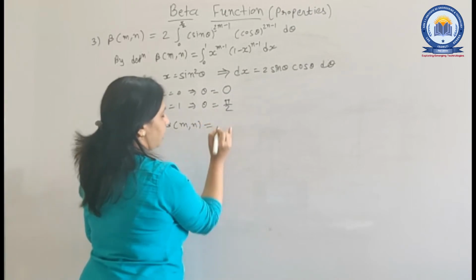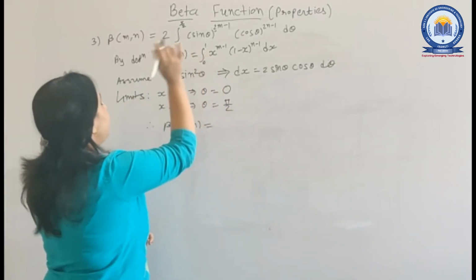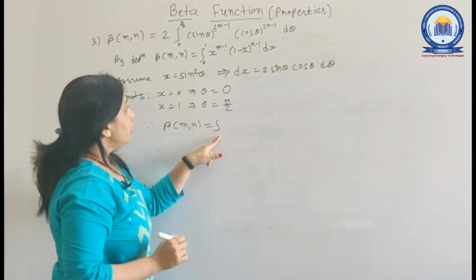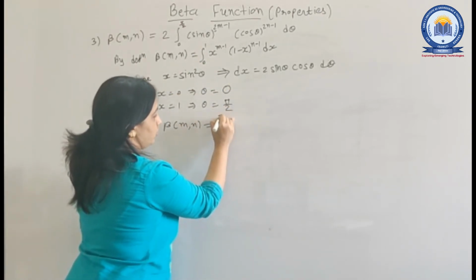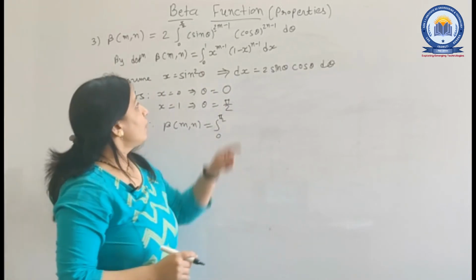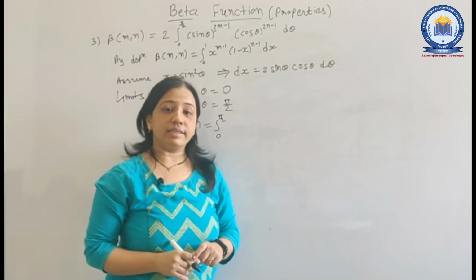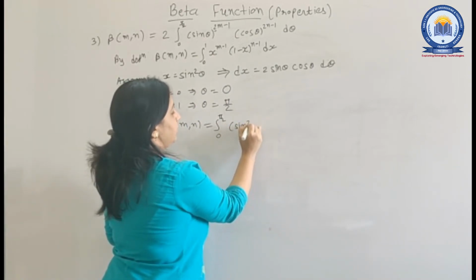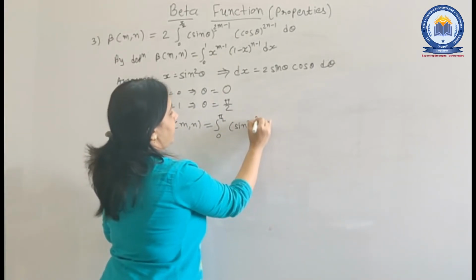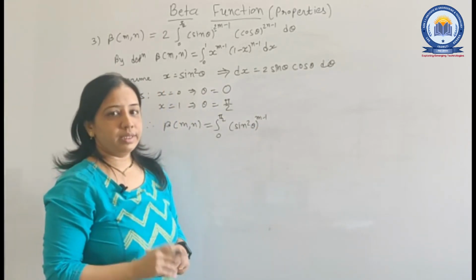So you will get beta mn equal to the integral from 0 to pi by 2. Now x raised to m minus 1, so instead of x, sine square theta raised to m minus 1.